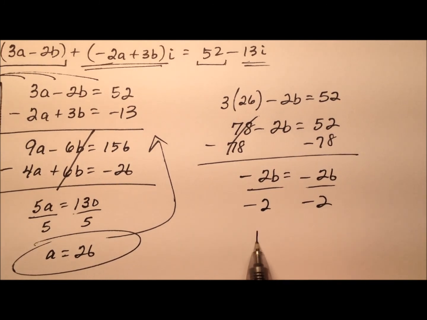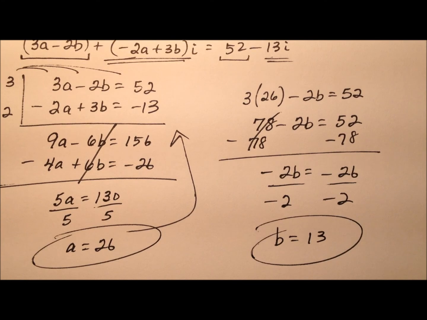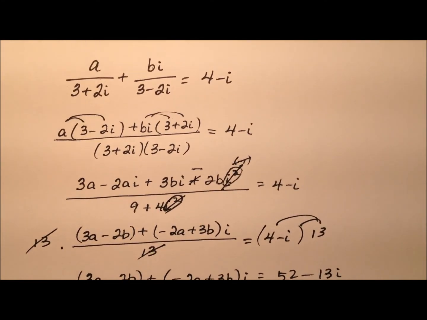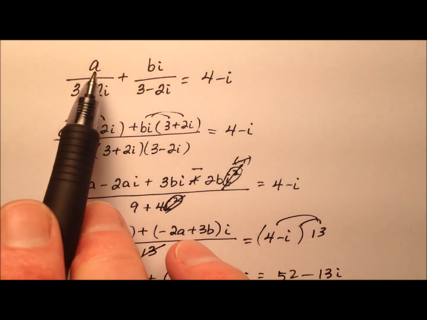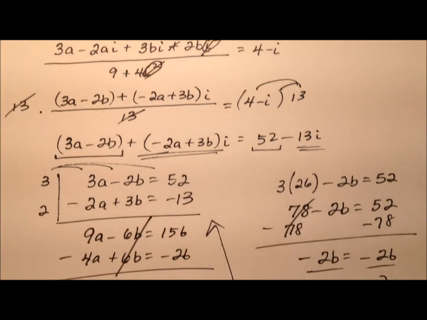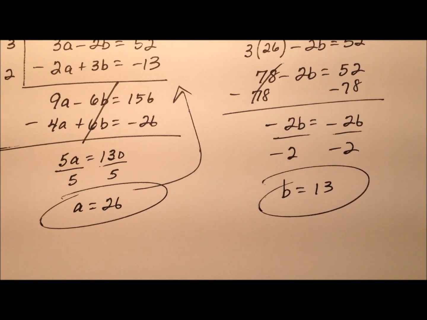So a quick division gives me b is 13. So from this original equation, where we had some fractions and lots of stuff going on up here, I was supposed to find values for a and b that made this equation true, and that's exactly what I did. So a is 26 and b is 13.